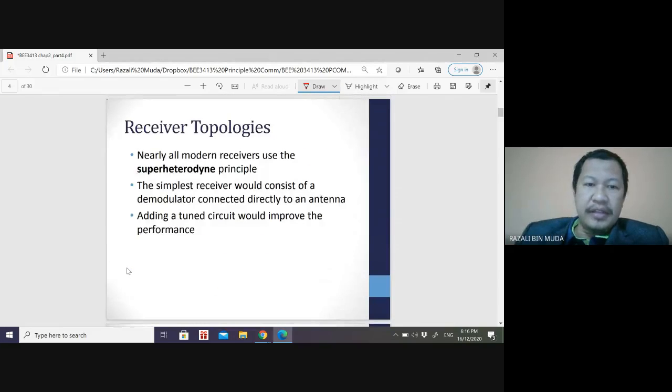Next, receiver topologies. Nearly all modern receivers use the super heterodyne principle. So this is the keyword for the lesson today: super heterodyne. The simplest receiver would consist of a demodulator connected directly to an antenna.